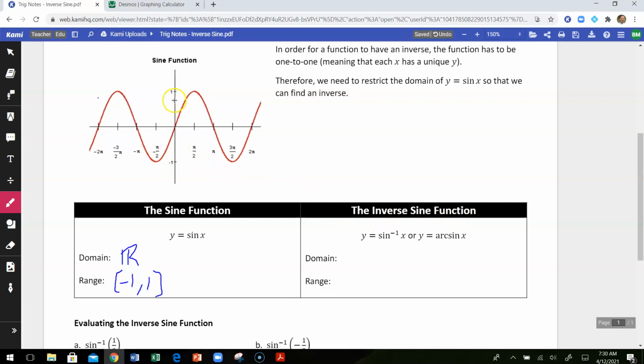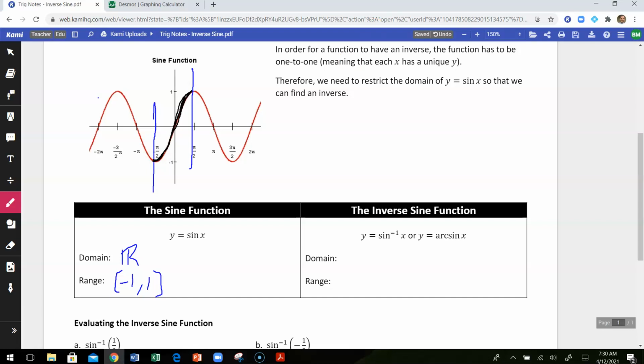But what I have to do here is look at a part of this graph where we have all unique y values, and that part is going to be from -π/2 to π/2. If I look at that range from -π/2 to π/2, that part of the graph has all unique y values, meaning every single y value over that span is different.